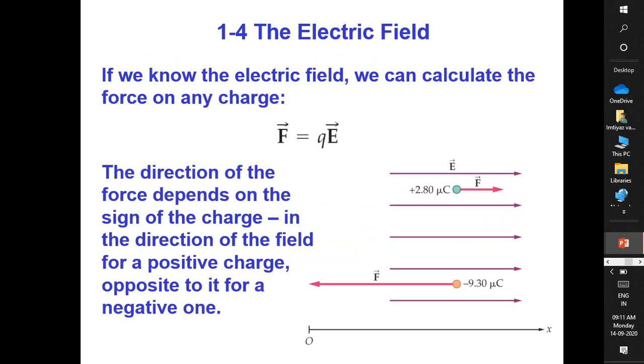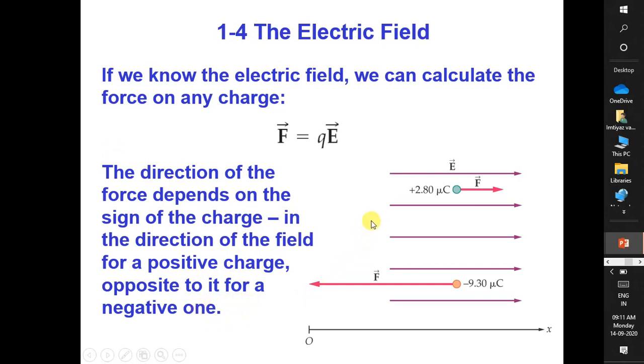Now see here the electric field. If we know the electric field, we can calculate the force on any charge: F is equal to Q into E. The direction of force depends on the sign of the charge: in the direction of the field for a positive charge, opposite to it for a negative one.